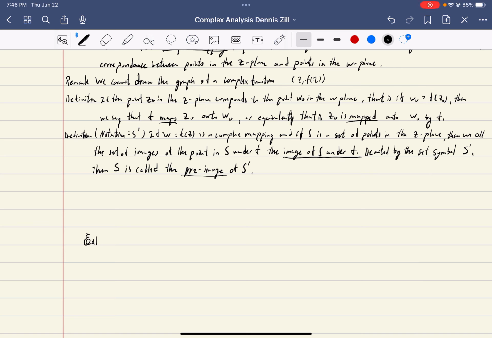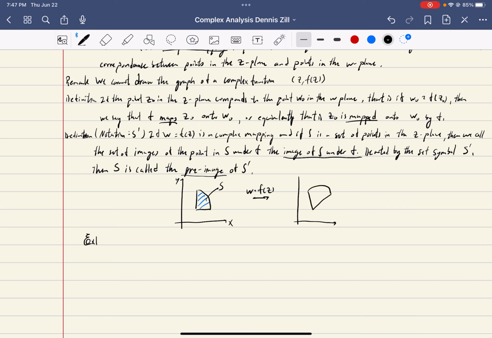So what this is really saying in a geometric manner is that if we have the z-plane, with imaginary and real axes, let's say this is the set S. Now if we apply this complex mapping, w equal to f of z, it maps, or transforms, this set into some peculiar shape.